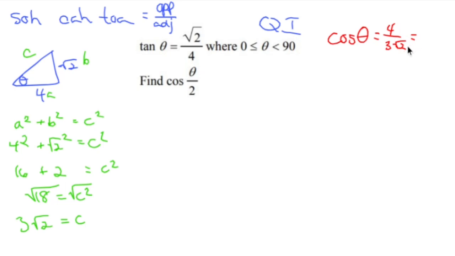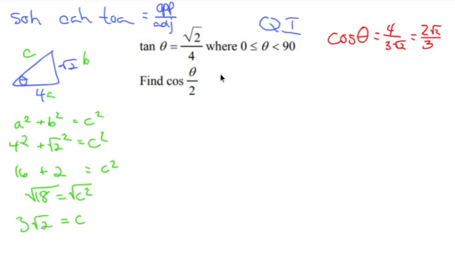I'm going to wave my hands a little bit to save a little bit of time because time is money. And I need the space too. And that's going to end up giving me 2 root 2 over 3. Okay, so cos theta is 2 root 2 over 3.